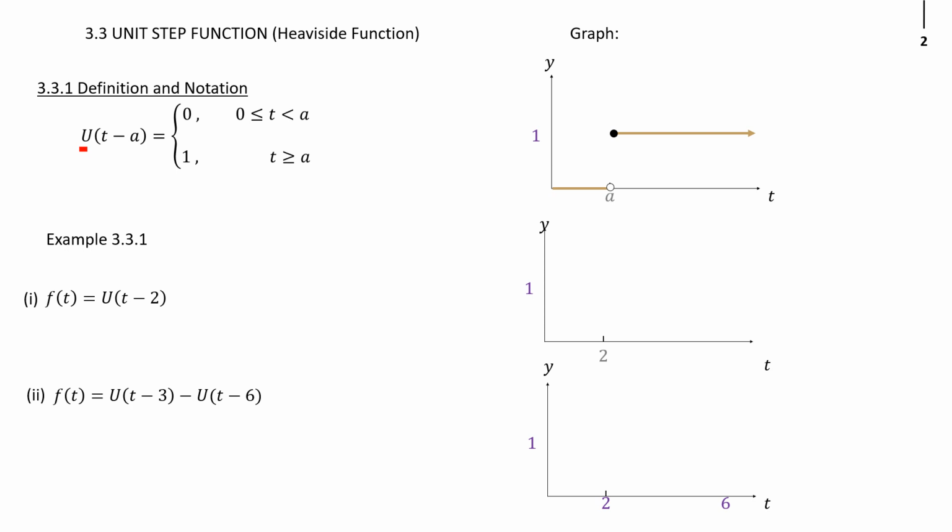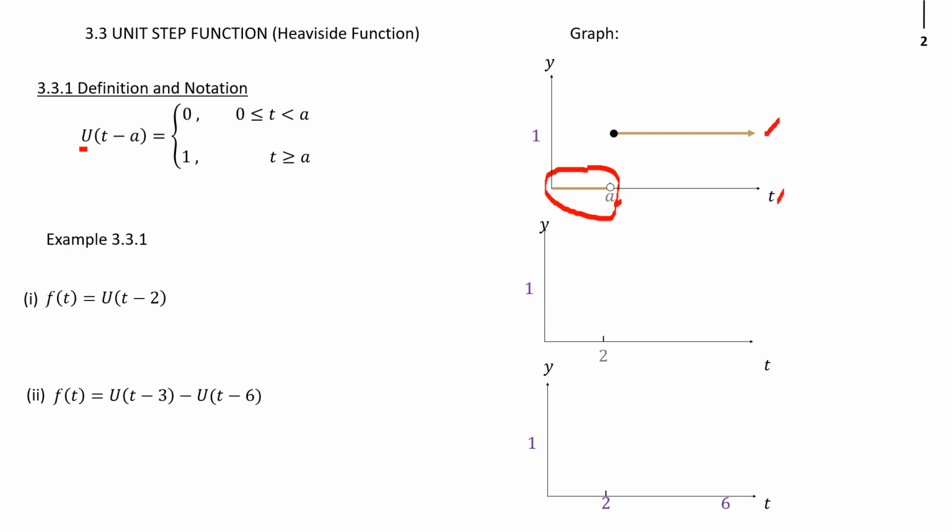Here, this is a. y is always 1. And if t is between 0 to a, y is 0. Here we can see y is 0.